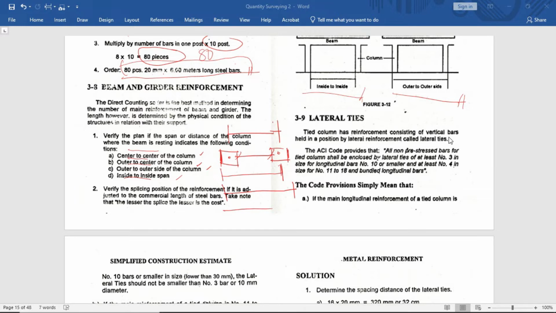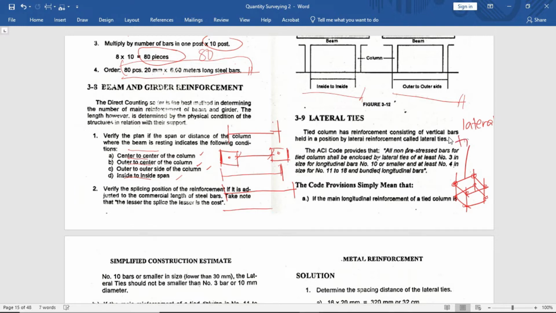Para mas maintindihan natin, visualize natin. Ito. So, kung meron tayong 4 main bars, ito yung lateral ties natin. Yan yung nag-hold sa bars natin para hindi gumalaw. Yan. Ito yung tinatawag nating lateral ties.